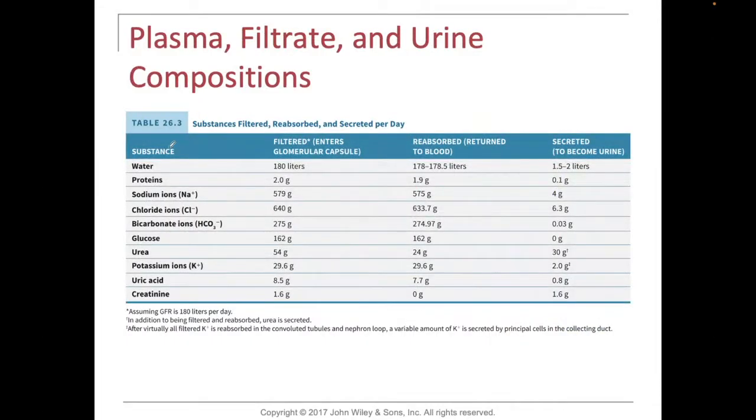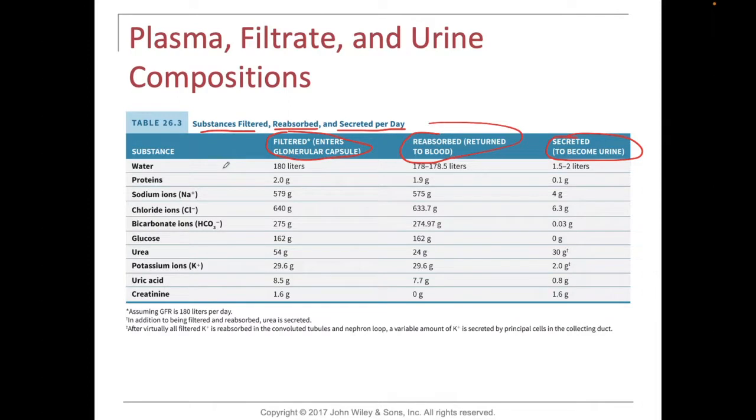And just to show you what some of the substances that are being filtered, and how much of it is being filtered, how much of it is being reabsorbed, and how much is secreted, which eventually leads to excretion. So you see the filtered column is here, how much is reabsorbed, and then how much is actually going to be secreted or excreted from the body.